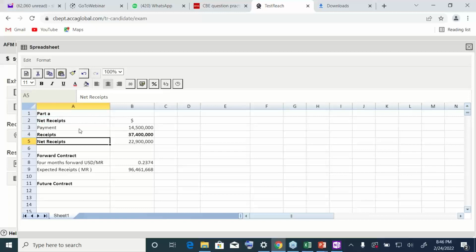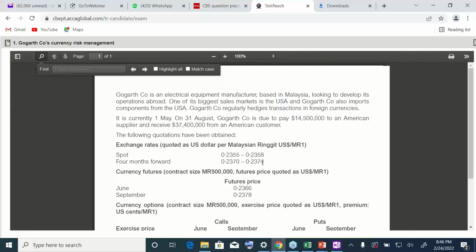So in case of receipt, if we are dividing, we will be dividing with the higher rate. Two rates were given, 0.2374 and 0.2370. Receipt, divide with the higher. Payment, divide with the lower. It is that simple.